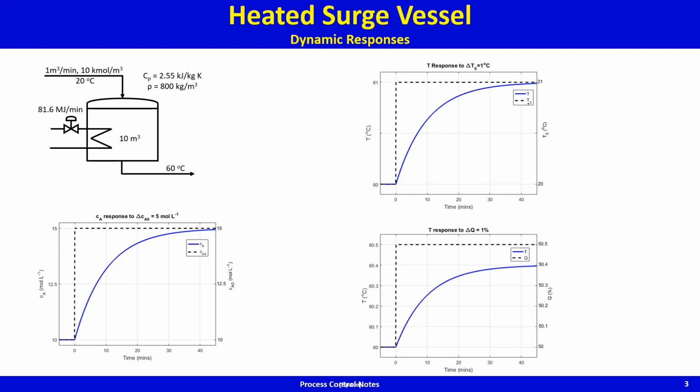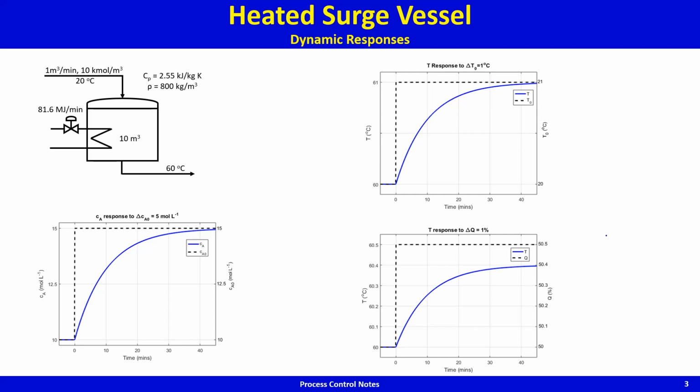If you look at the response of the temperature to a 1% change in Q: if the valve is at 50%, 1% of 50% would be 0.5%. So the heater duty valve position goes from 50% to 50.5%, which is a 1% change. In response to this, you see that temperature goes from 60 to about 60.4 degrees Celsius.